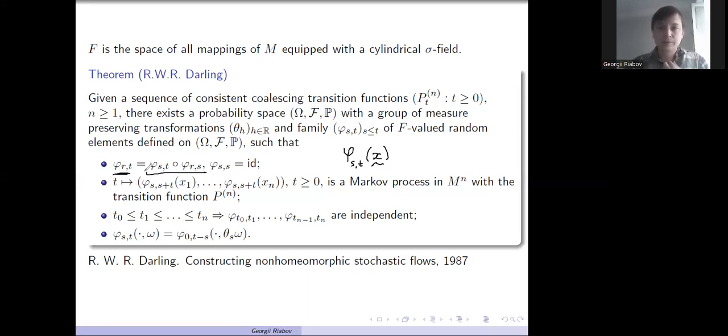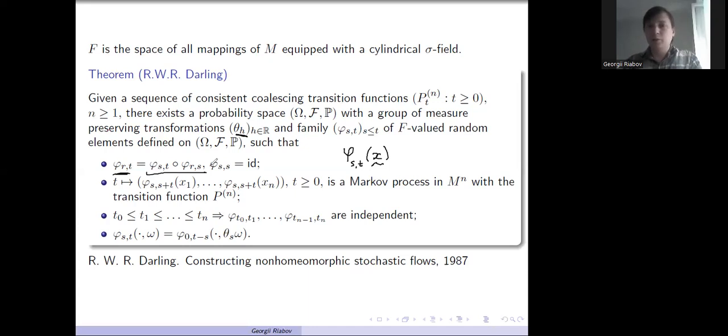So one issue with this construction is that we don't get measurability even in X. Also, we don't get measurability in S and T. And this group of measure preserving transformations is also a non-measurable group.